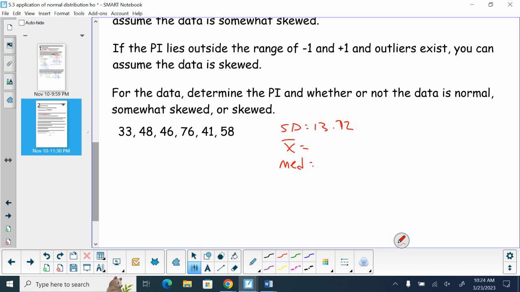So what do you get for your X bar and your median? I got 50.3 for my mean. And the median? 21.5. I rank from least to greatest: 33, 41, 46, 48, 58, and 76.